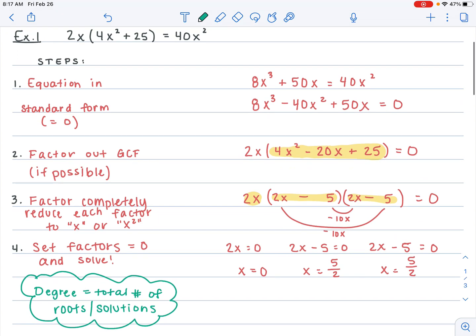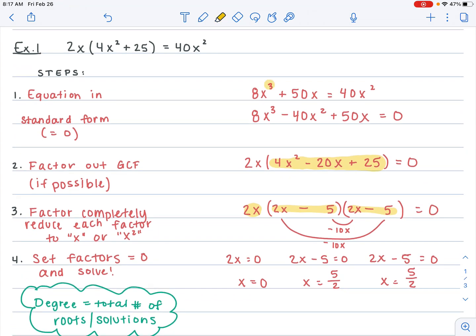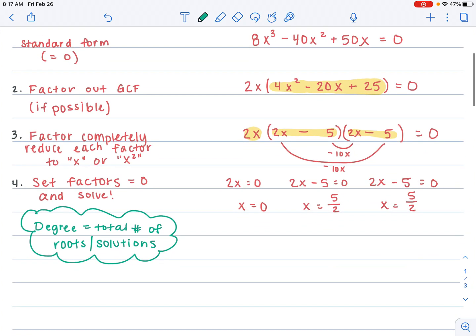So if you look at our degree from the beginning, our highest degree here is x cubed, so we should have 3 answers. And right here, we have the 3 answers, x equals 0, x equals 5 halves, and x equals 5 halves. Now you notice we have this solution twice.